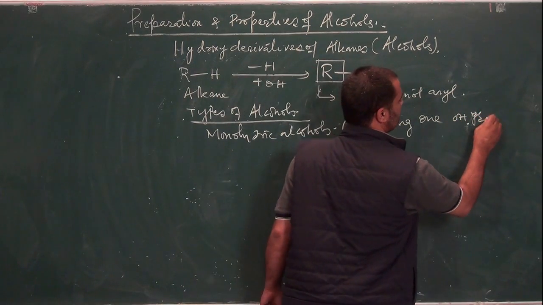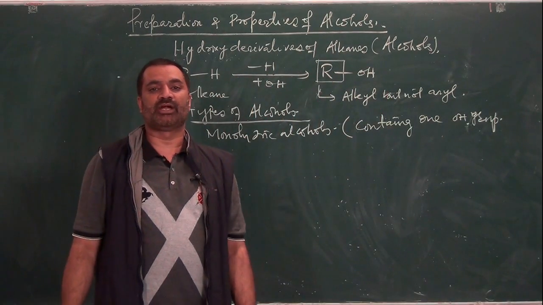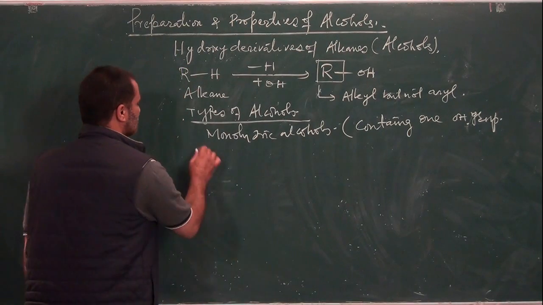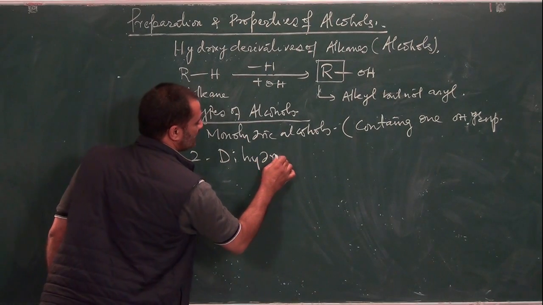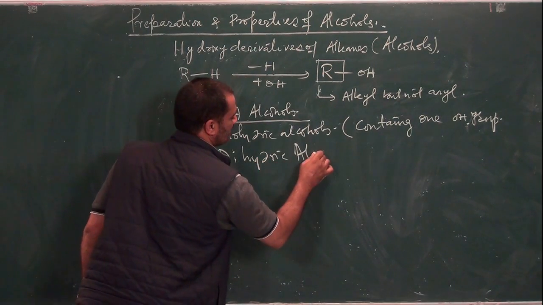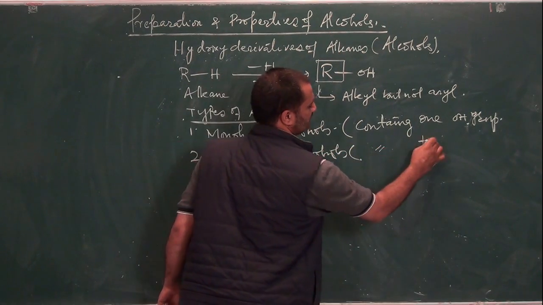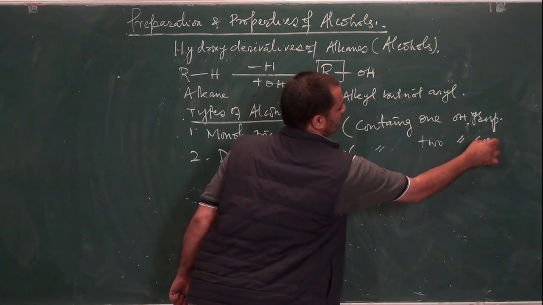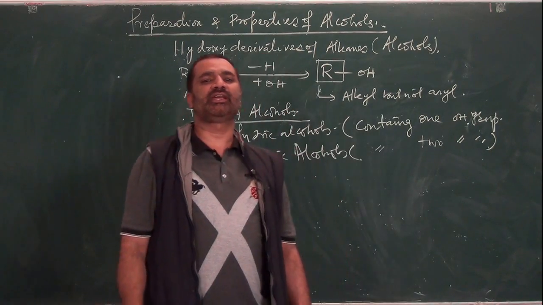So the alcohols which contain only one OH group are known as monohydric alcohols. Second, dihydric alcohols containing two OH groups. The alcohols which contain two OH groups are known as dihydric alcohols.